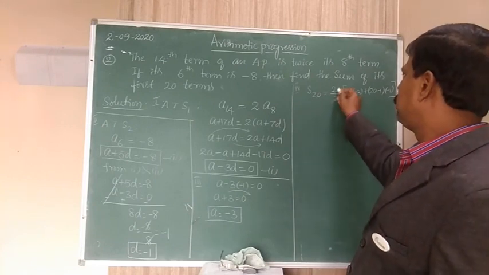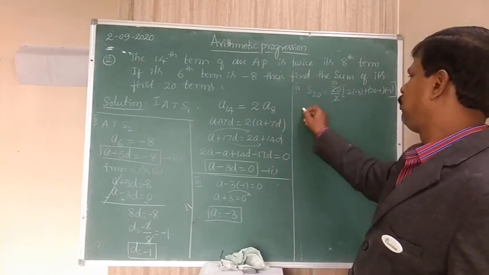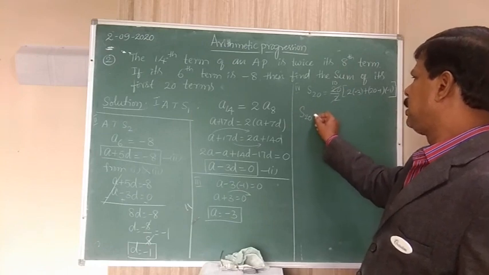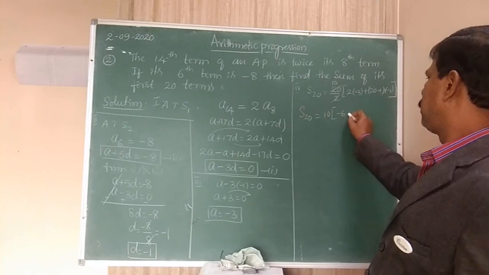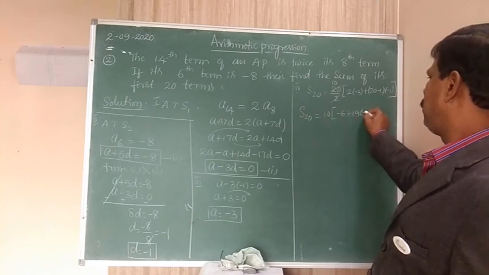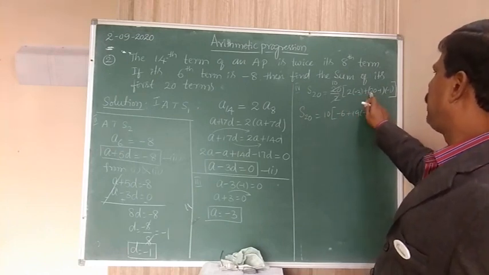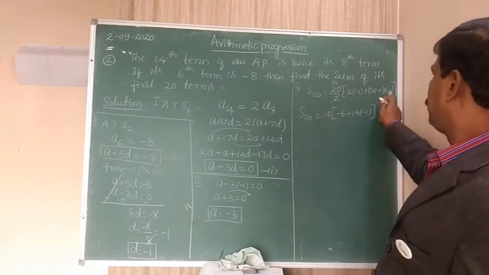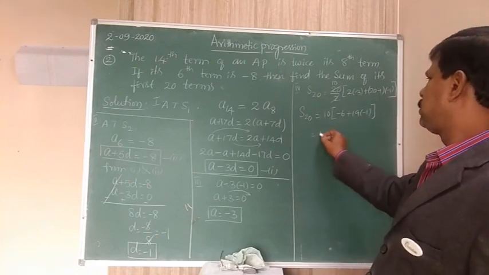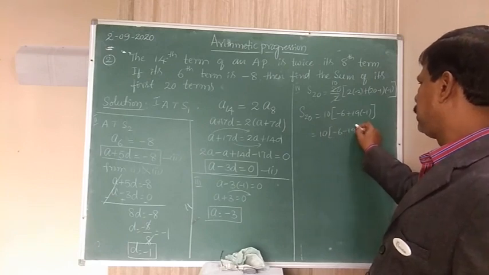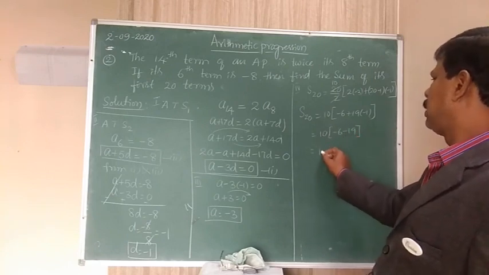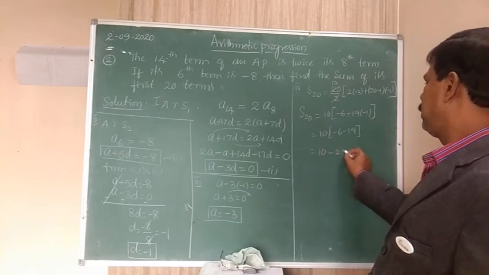Okay, now 2 ones are 2, 2 tens are 20. So S20 is equal to 10 into minus 6 plus 19 into minus 1. 20 minus 1 is 19. Here is minus 1. Then this is 10 into minus 6 minus 19, is 10 into minus 25.